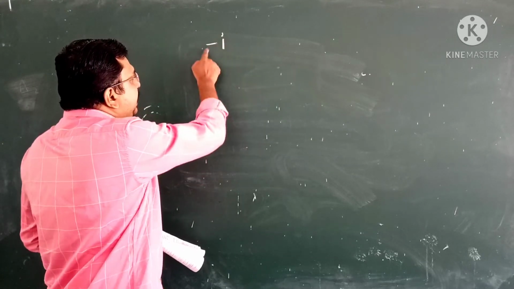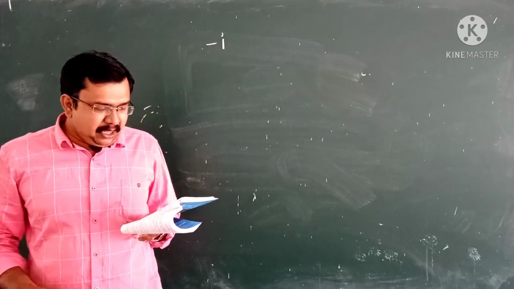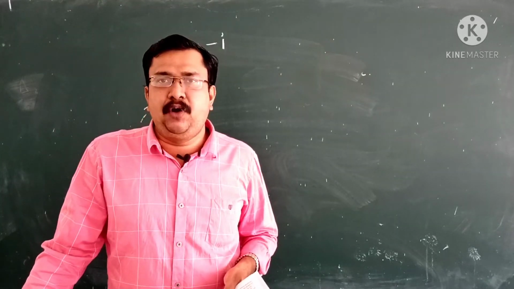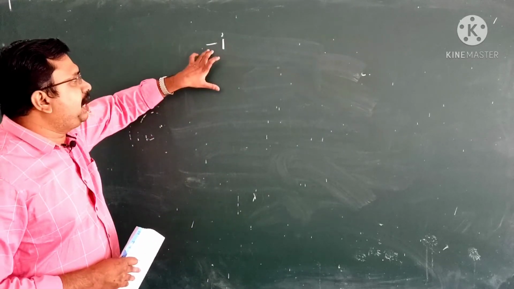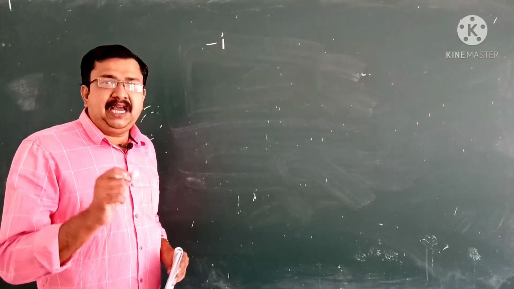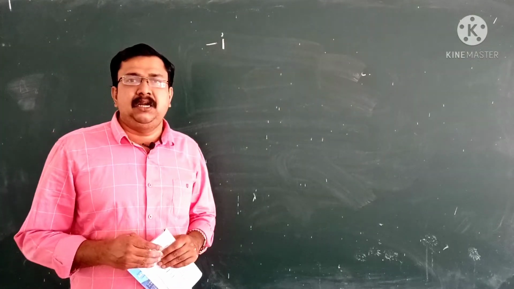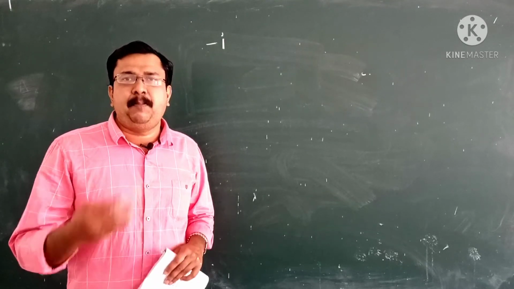We want to find the principal amplitude of minus i. Just listen. First we convert minus i into the polar form.